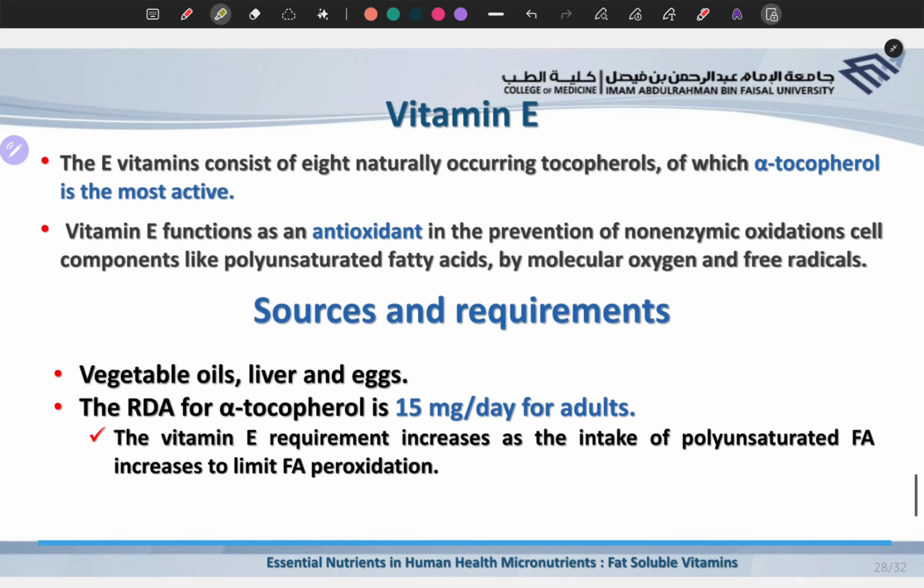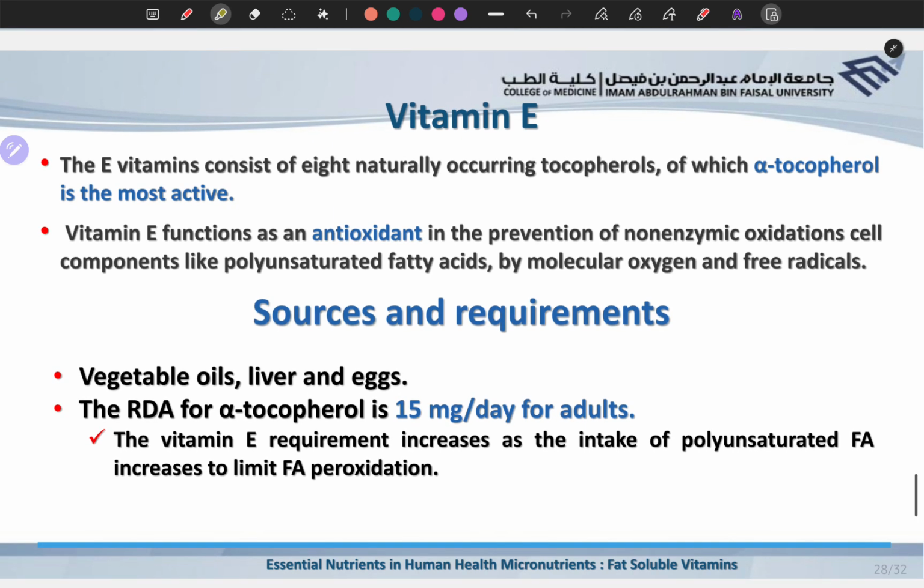Now the last vitamin, E. This consists of 8 naturally occurring forms which are collectively referred to as tocopherol. So when I am talking of tocopherol, it is vitamin E. This functions as an antioxidant. You know antioxidant?